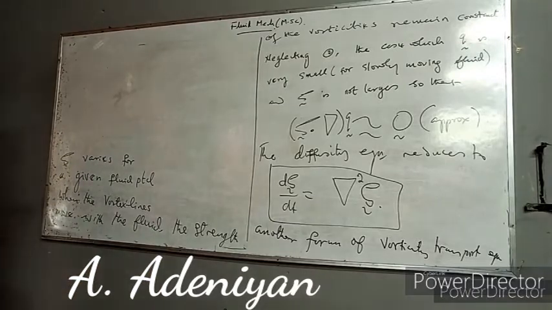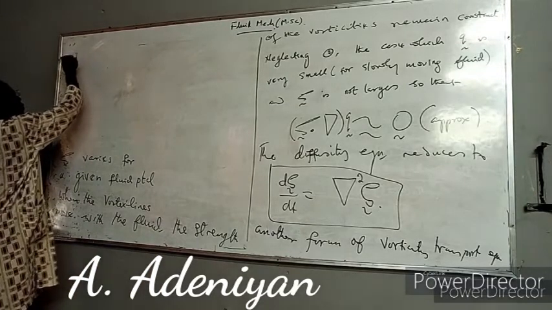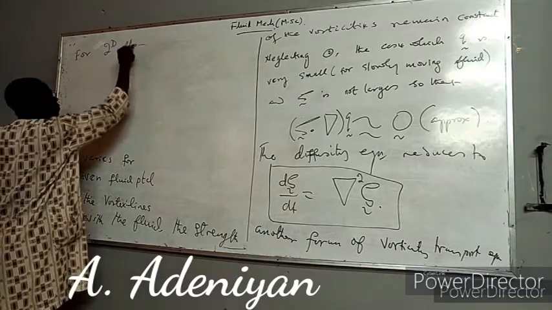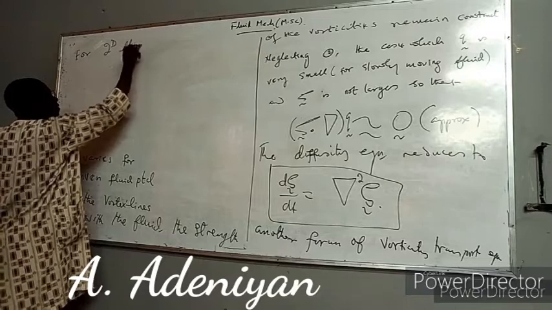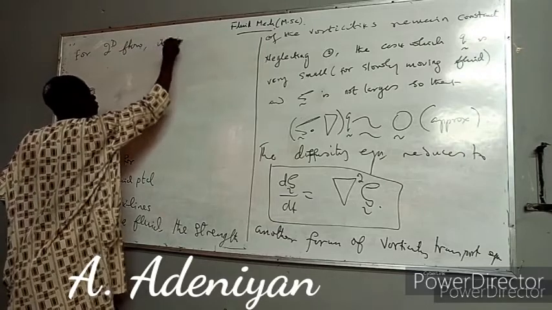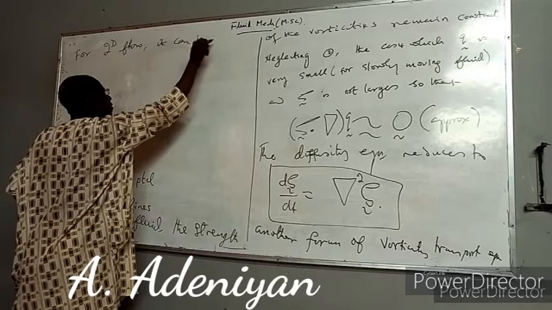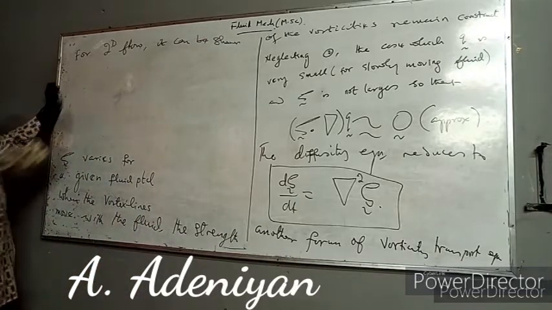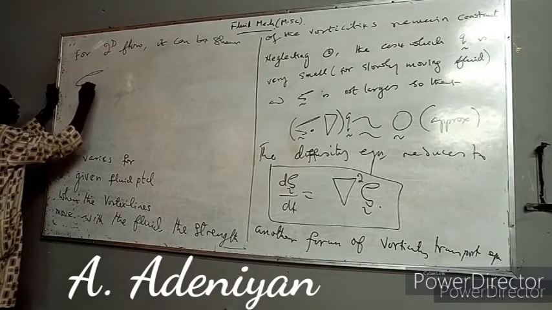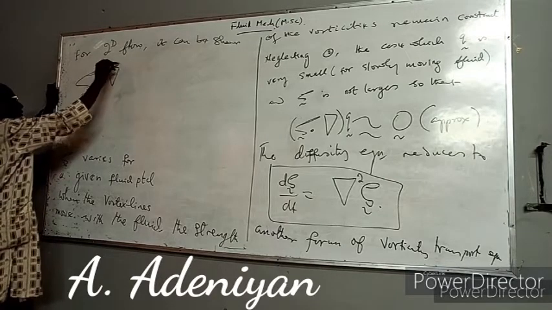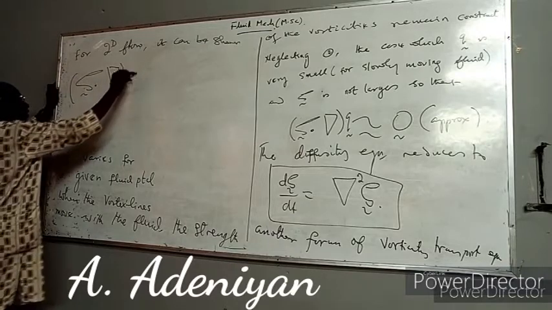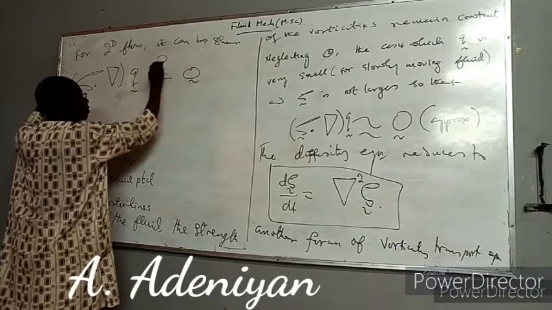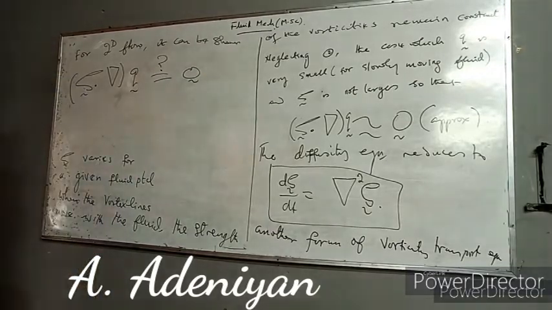For two-dimensional flow, it can be shown that it is equal to 0. But let us prove this.